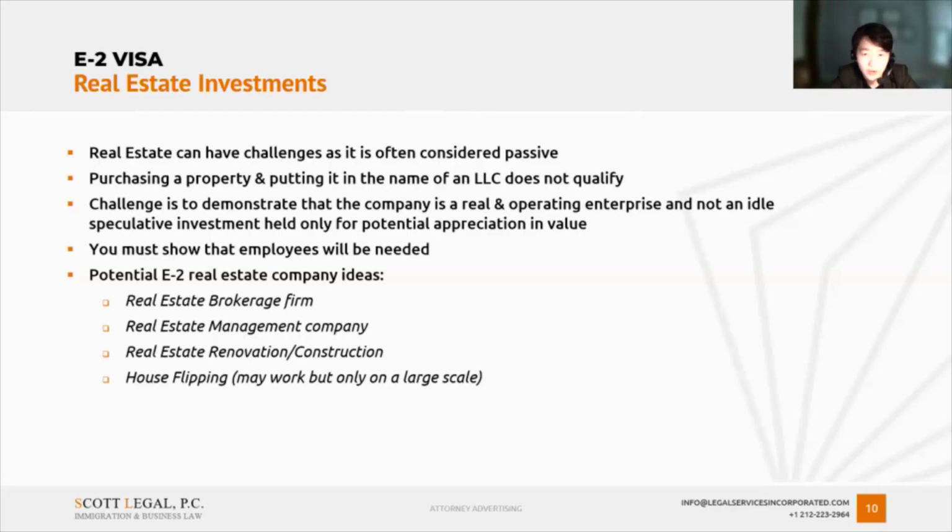If you're setting up a real estate brokerage firm and hiring employees in that brokerage firm, or setting up a real estate management company helping clients manage their properties and hiring U.S. employees to help with that, or setting up a real estate renovation or construction company and doing this on a large scale for clients, those are the more viable types of businesses related to real estate that can work for E-2 visa purposes, because those types of businesses are providing real services to clients as opposed to being just an idle speculative investment.